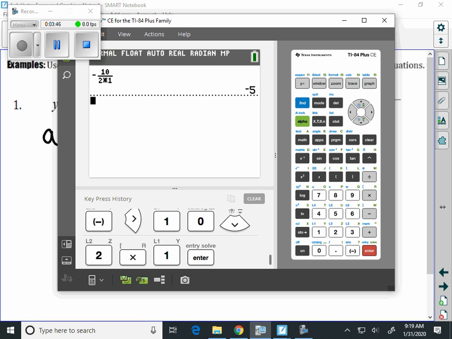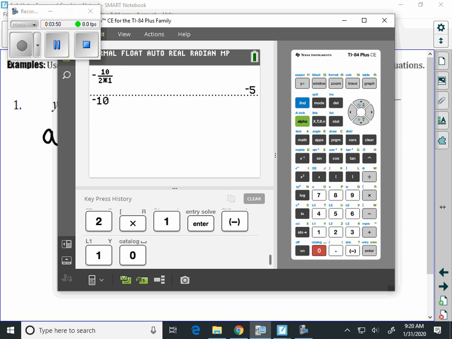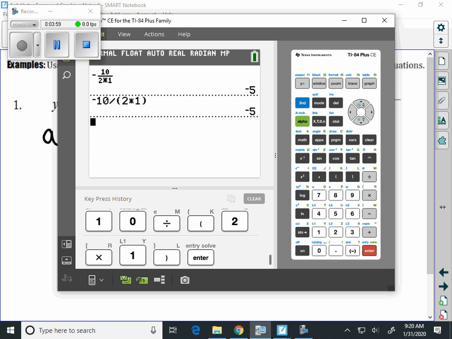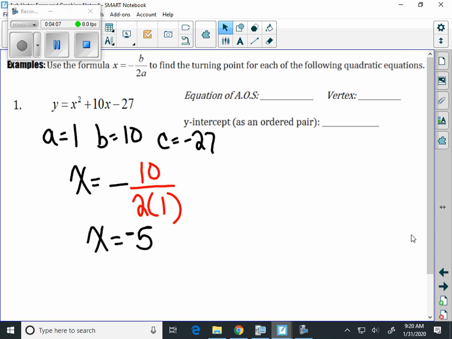Without the fraction button, we type in negative, and then 10 divided by parentheses 2 times 1. And we still get negative 5. So there are our two approaches, and that's our equation of the axis of symmetry.